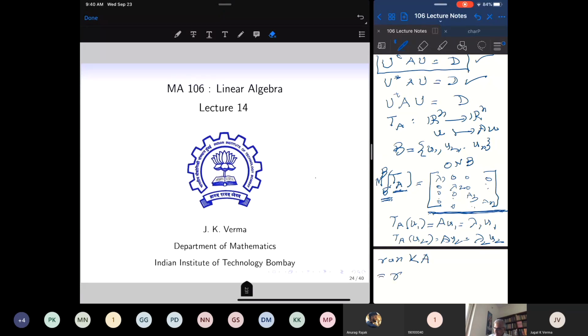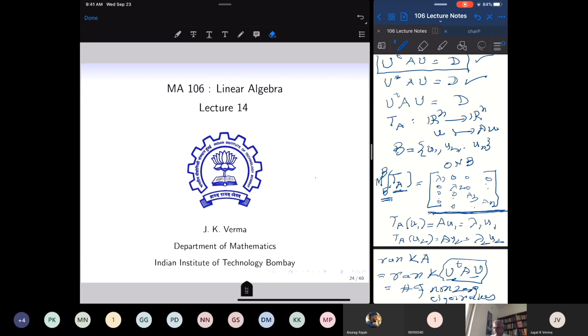The rank of matrix A is the same as the rank of U transpose A U, because these are invertible matrices. But this is a diagonal matrix, so for a diagonal matrix it's very easy to read the rank. The rank is simply the number of non-zero eigenvalues, counted with multiplicity.